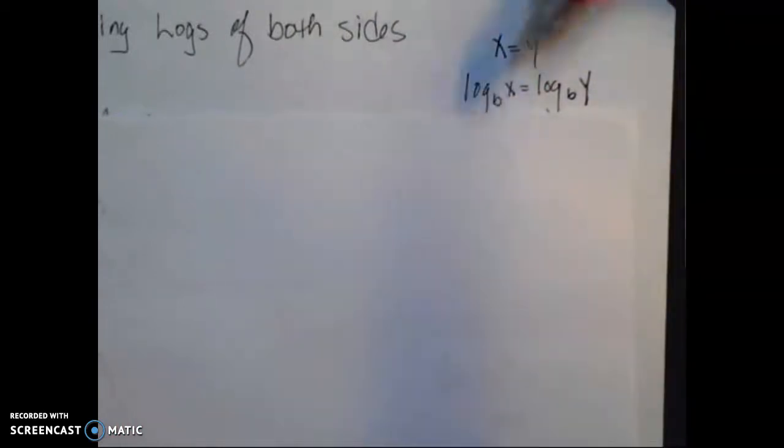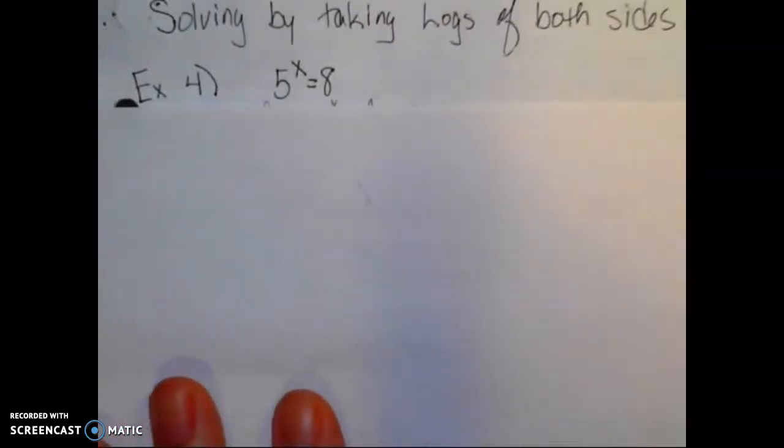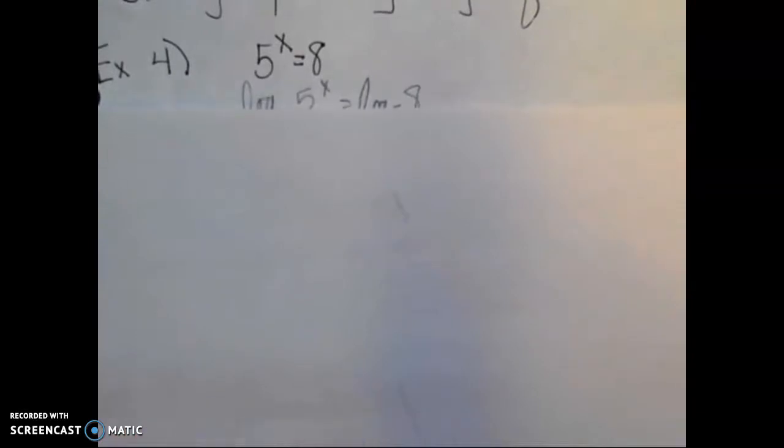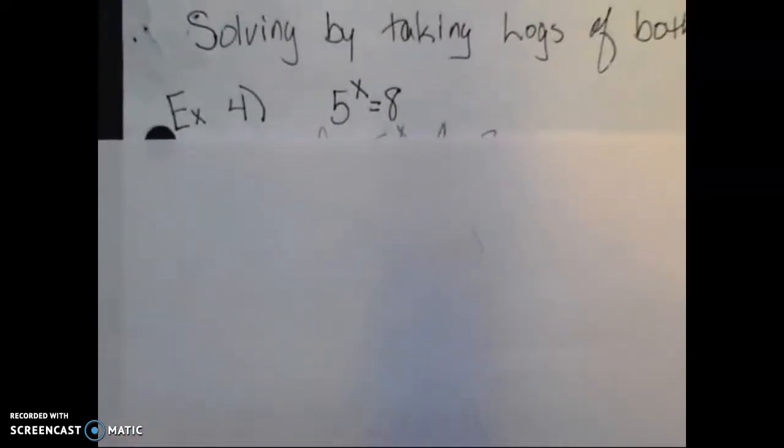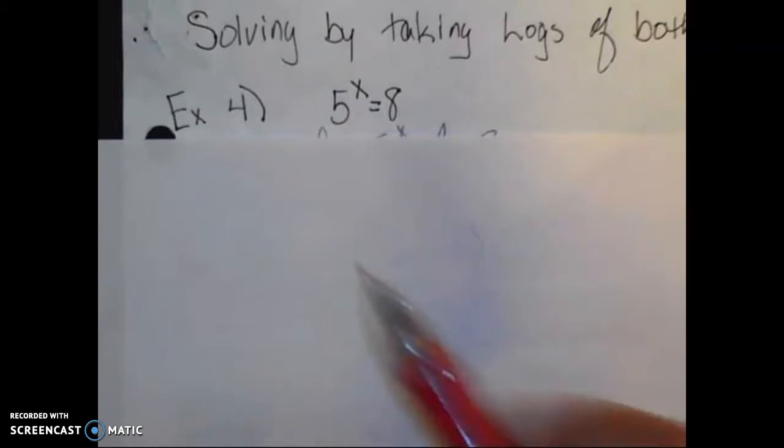If I have x equals y or a number equals a number, you can multiply both sides by the same log. And to choose the log that you're going to multiply both sides by, it's going to be whatever side has an exponent.